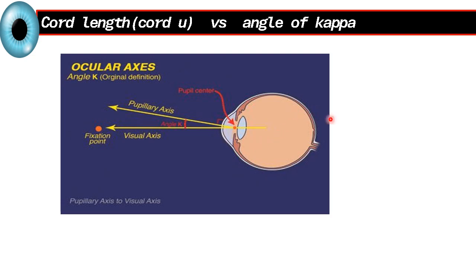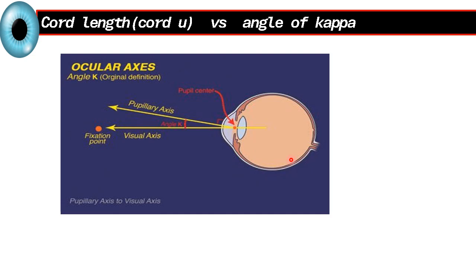I hope it is clear now the importance of the chord length measurement and its relation with the angle kappa. There is also a mathematical calculation that converts the chord length to the angle kappa: each 1 millimeter of chord length is equivalent to 7.5 degrees of angle kappa.